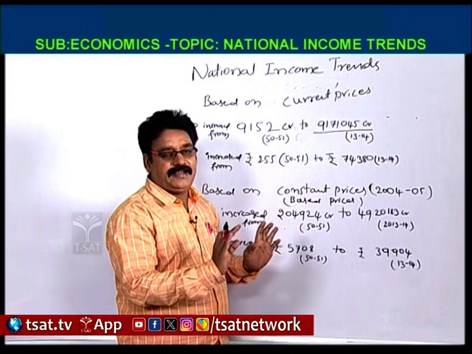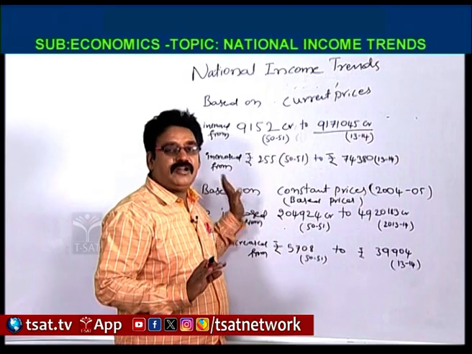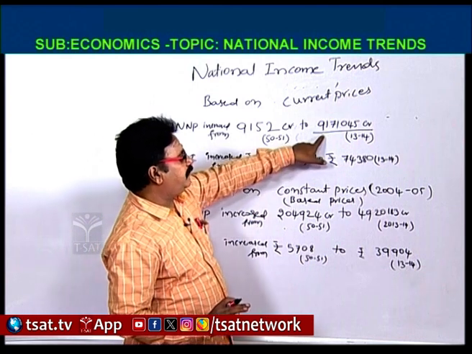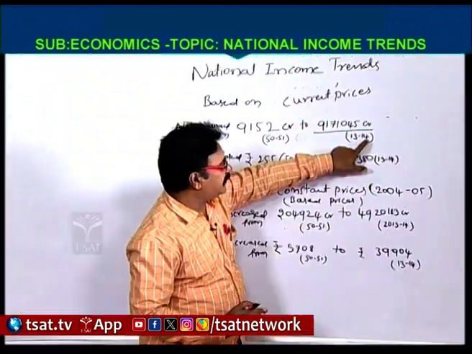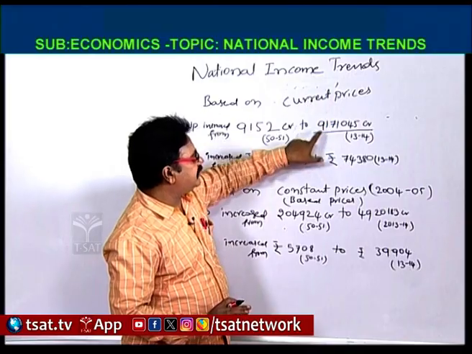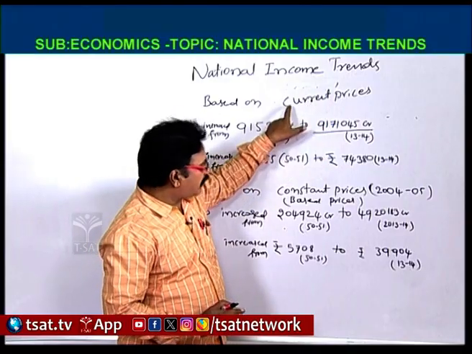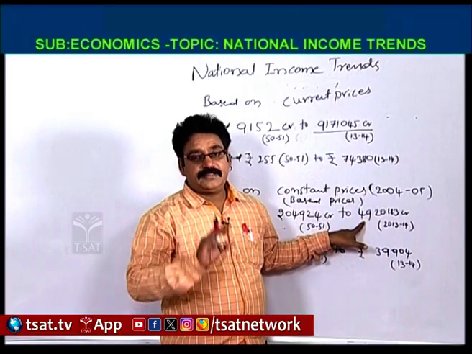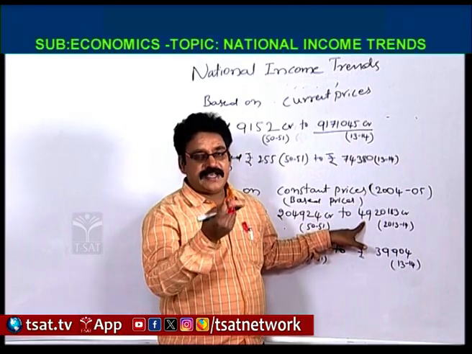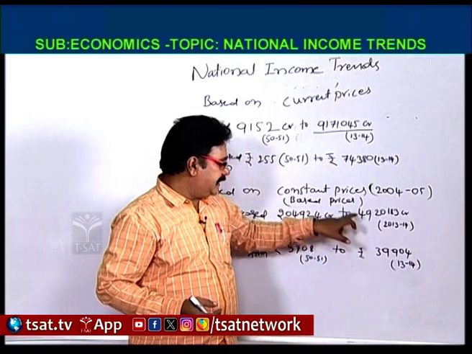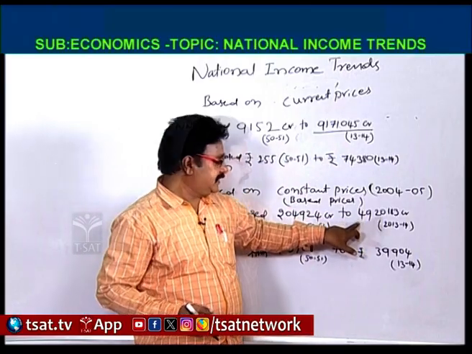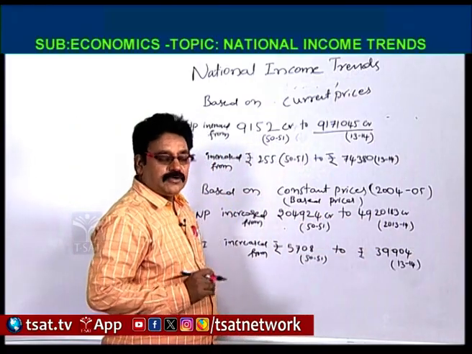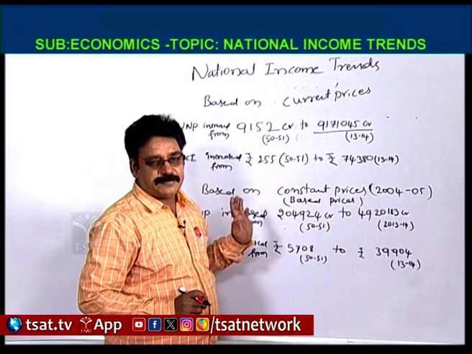We should not keep all this data in mind; it is to compare. In 2013-14, according to current prices it is 91 lakhs, according to constant prices only 49 lakhs. The price rise is removed from 91 lakhs. The real national income is 49,20,183 crores. To remove the price rise, we use constant prices.